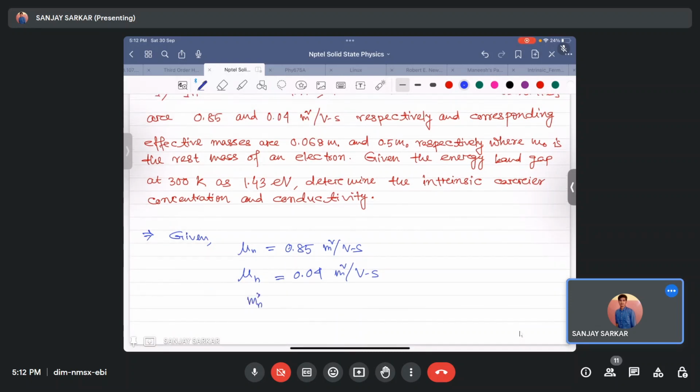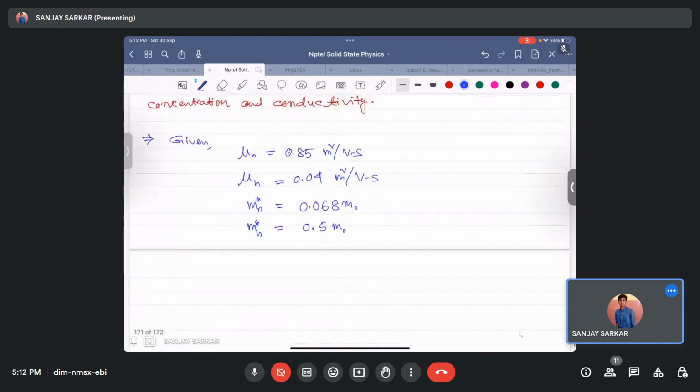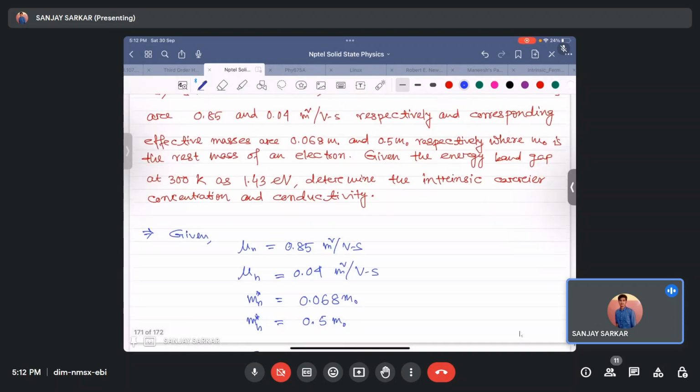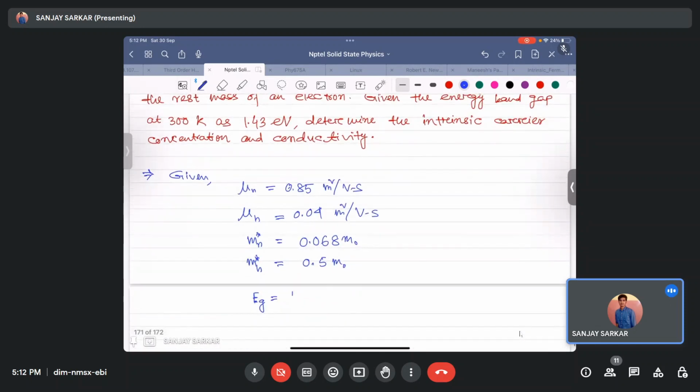So mn star is 0.068 m naught and mh star is 0.5 m naught. Then we have Eg and T. Eg is the band gap, so the band gap for gallium arsenide at 300 Kelvin is given as 1.43 electron volt, and the temperature is given as 300 Kelvin.